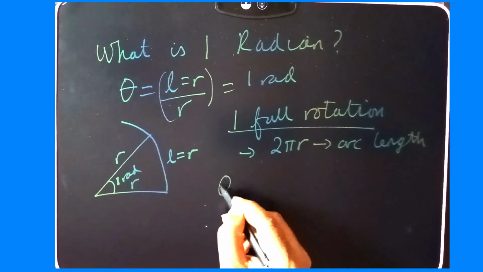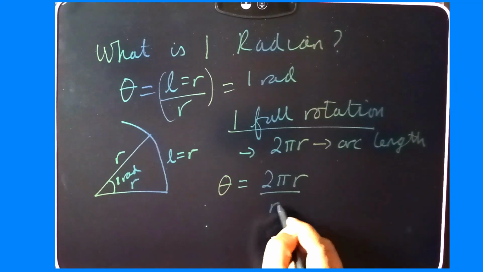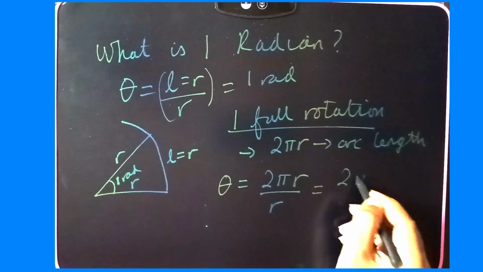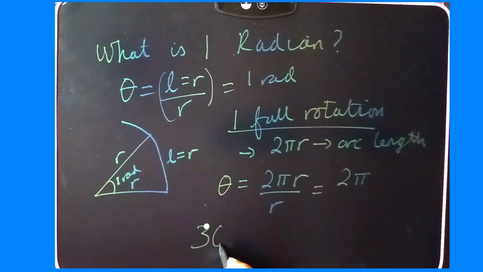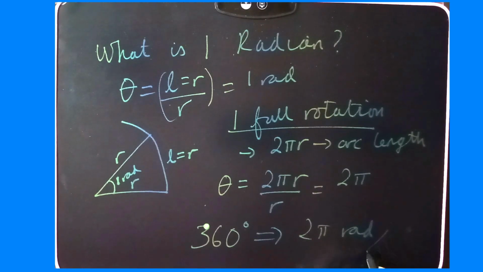So what is the total radian moved? 2 pi r divided by the radius will become 2 pi. So a complete 360 degrees rotation is 2 pi radian.